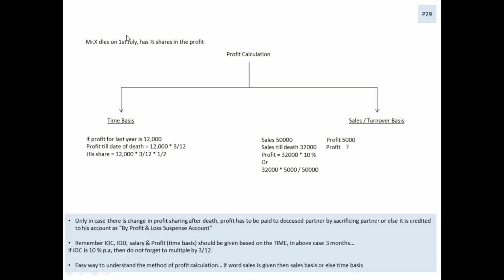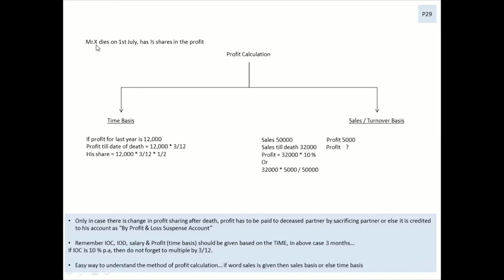Now this person died on 1st of July. So how do I calculate or assume the profit for those 3 months? I will multiply by 3 by 12. So 1,000 into 3, you can either do it this way or use this formula, whatever you are comfortable with. So the profit is 3,000. Now you will not give the entire profit to this person. Again, that is a common mistake.